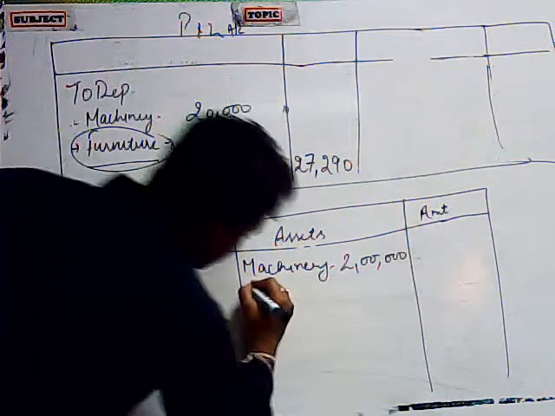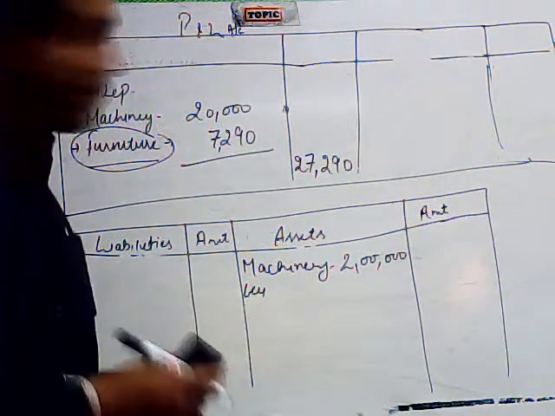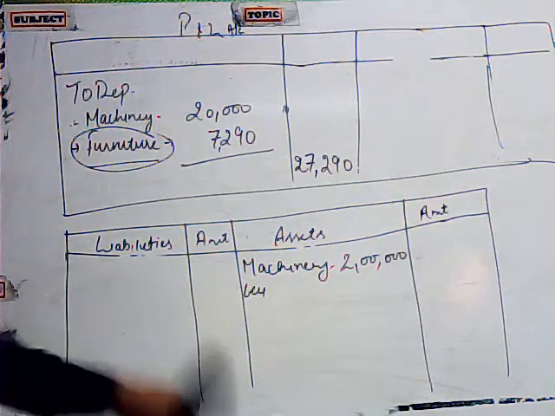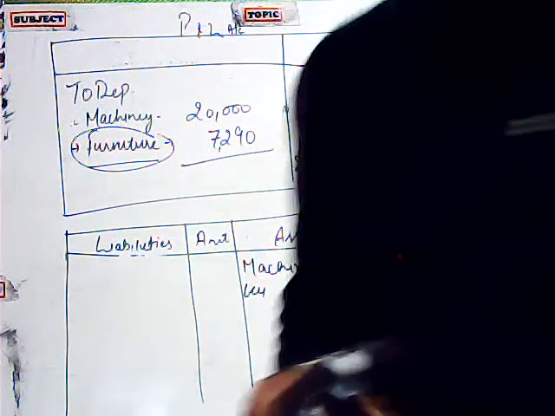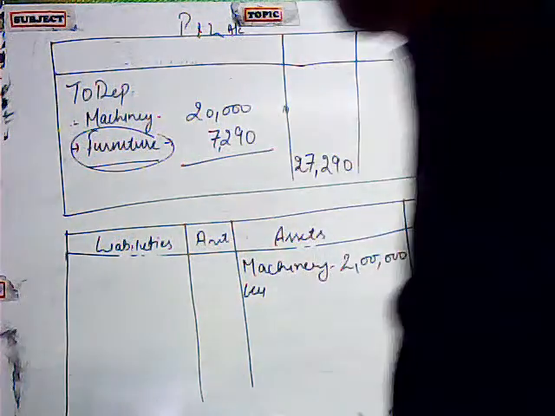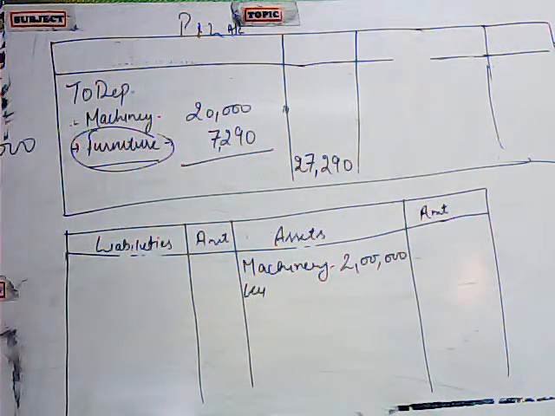Now how do we have to do this? When we create a provision for depreciation, how do we have to record the value of depreciation? You can check from your question that the provision for depreciation on machinery was 60,000.